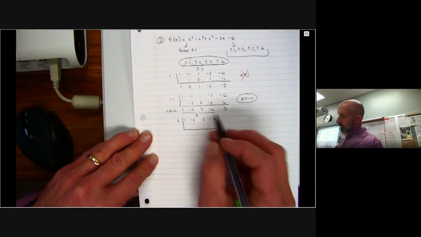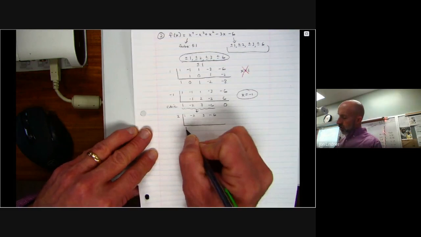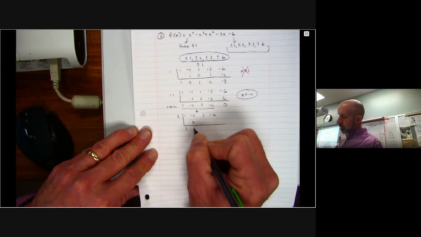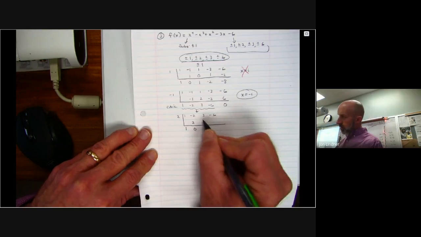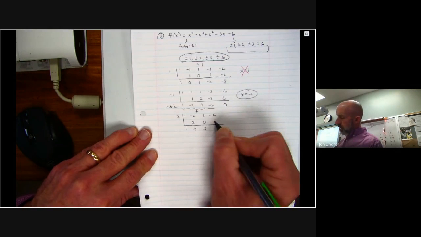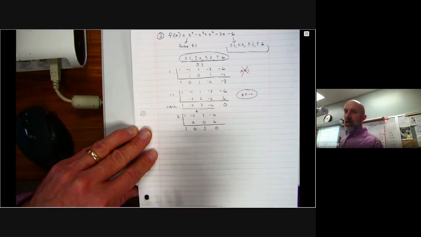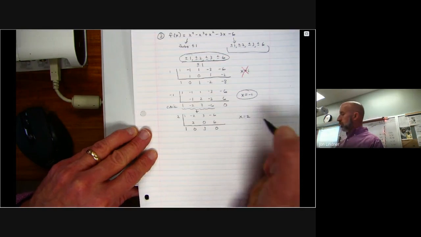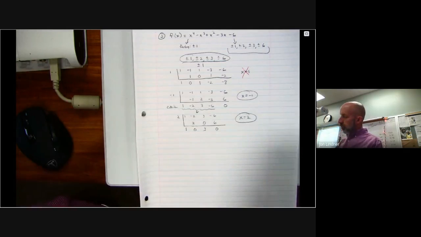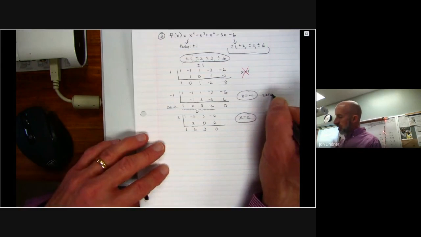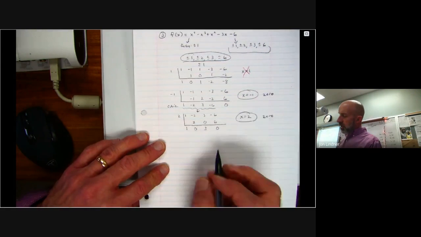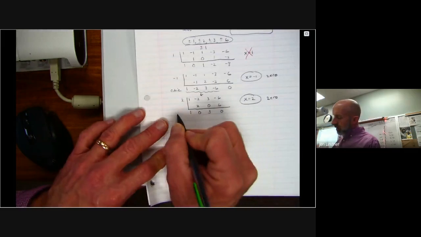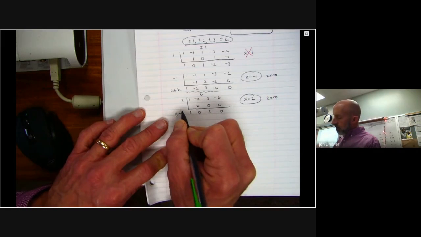All right. So I do synthetic division. 1, 2, 0, 0, 3, +6. I got lucky. x equals 2 is another one of the zeros. I have a 0 here. I have a 0 here. This is a quadratic.